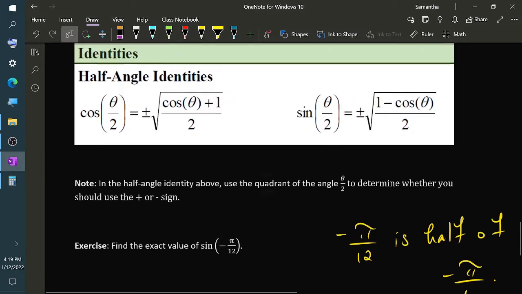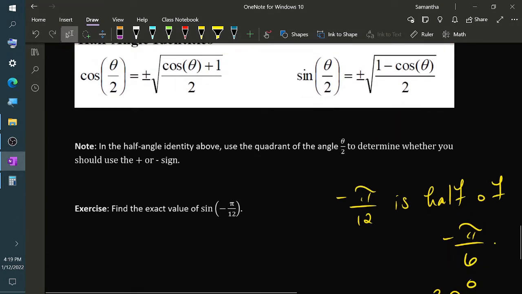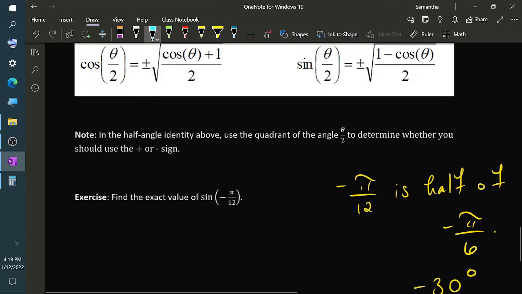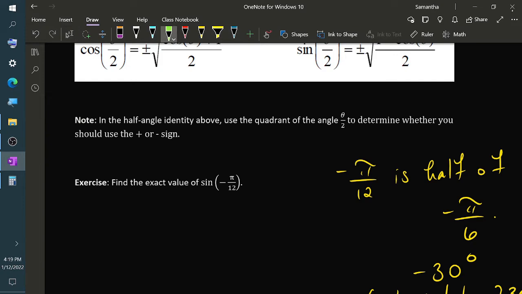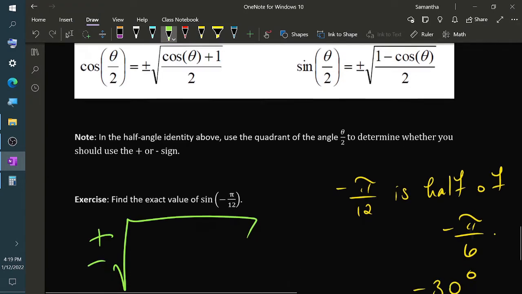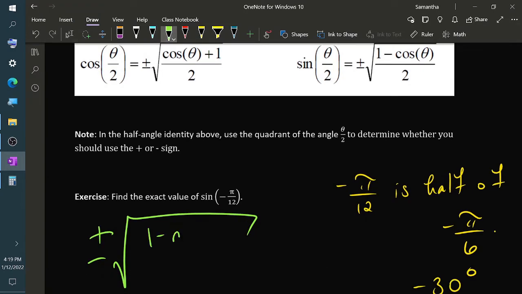Now the half-angle identity says, alright, you're interested in sine of half of an angle, let's call it theta. Then the result is equal to either the positive or the negative square root of 1 minus cosine of the angle theta, the angle before it was cut in half, all over 2.